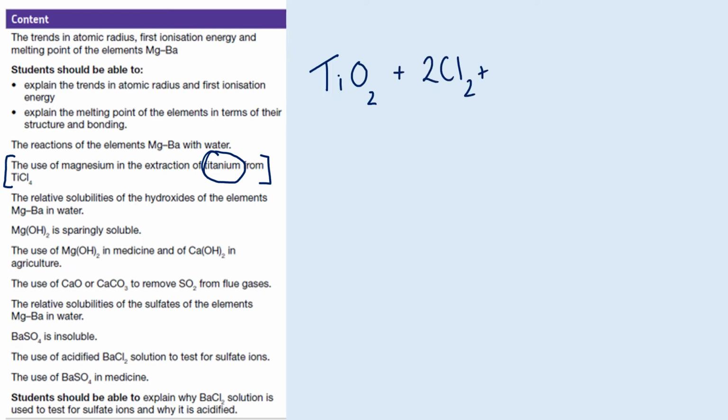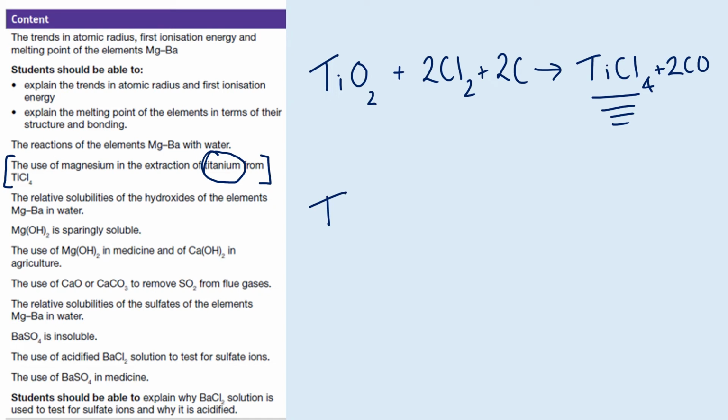Now this equation we don't need to know, but like many extractions of metals, carbon is used, and the reason we use the chlorine is to get the TiCl4. That's what we want. So we don't need to know this equation, but this TiCl4, titanium chloride, this is what is used and reacted with magnesium.